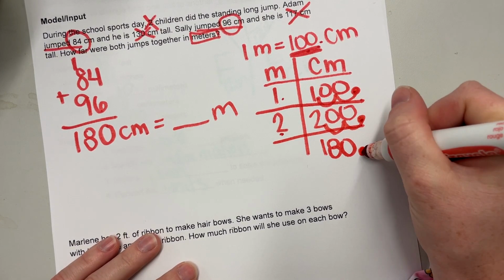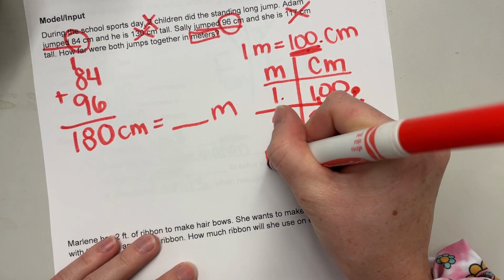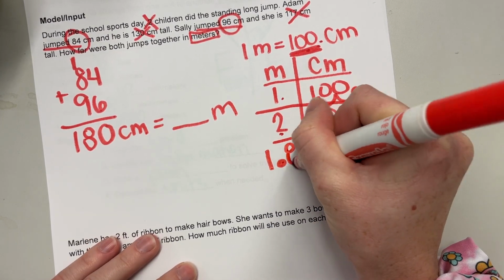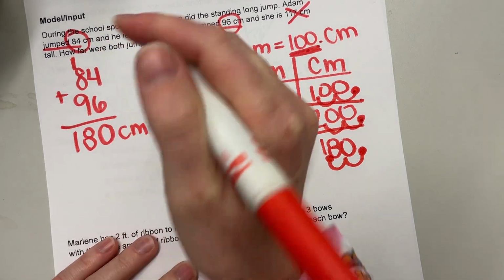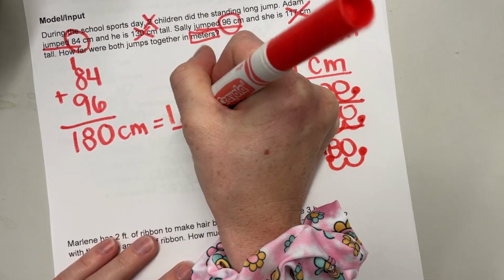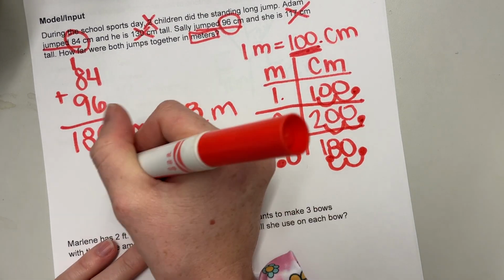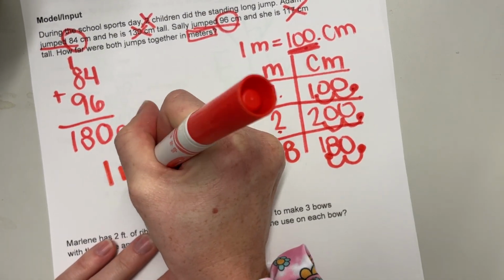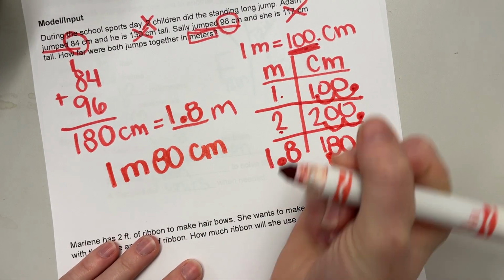I'm going to move my decimal 2 places, and I would get 1 8/10. So 180 centimeters is 1 8/10 of a meter. Or I could say that it is 1 meter and 80 centimeters.